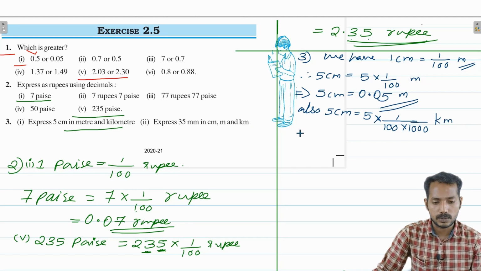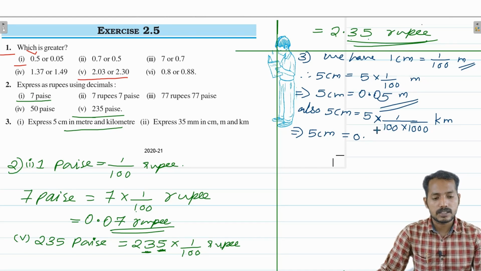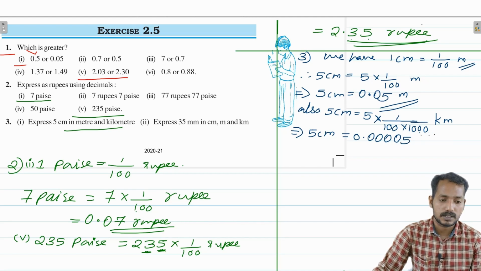So 5 centimeter is equal to 0.0. At one's place, 10th place, no digit, at 100th place also, at 1000th place, 10,000th place. After 4 places only it comes. That means at the 1,00,000th place, 5 is kilometer.